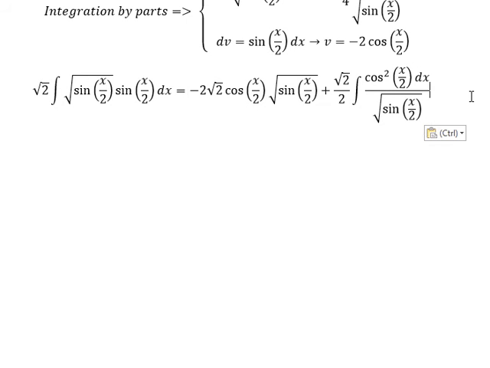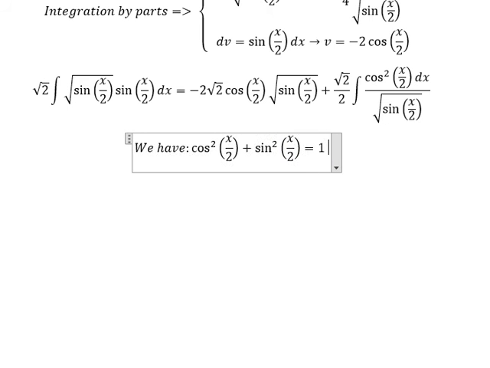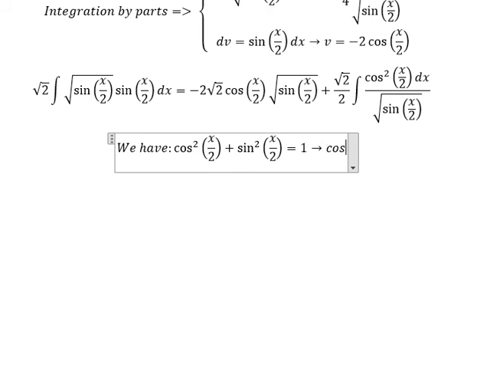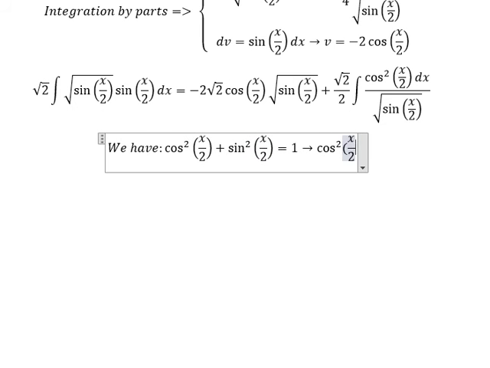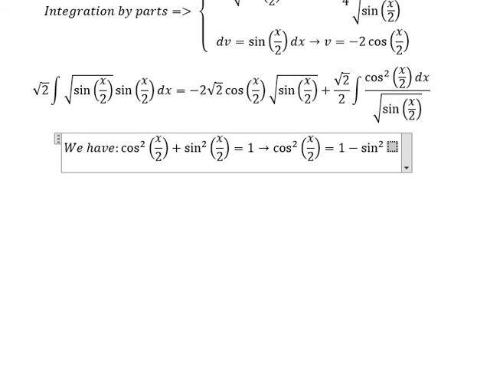Next, we have cosine squared of s over 2 plus sine squared of s over 2 equal to number 1. So we have cosine squared of s over 2 equal to 1 minus sine squared of s over 2.